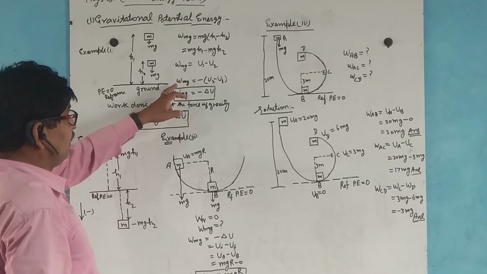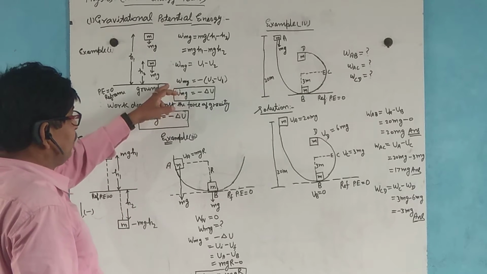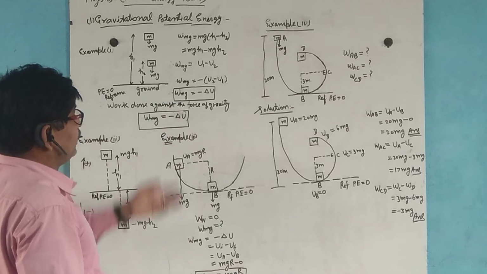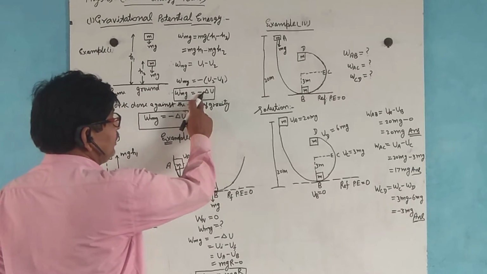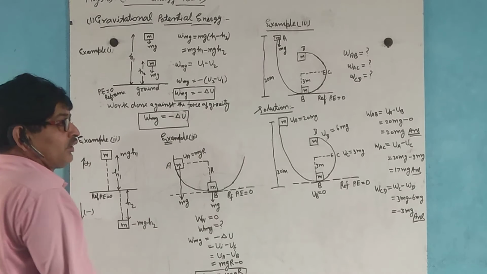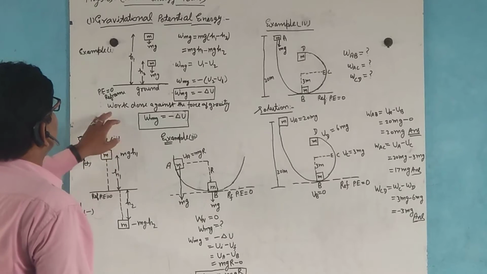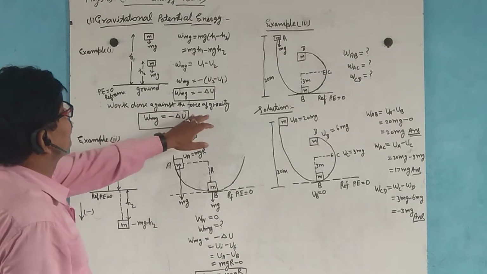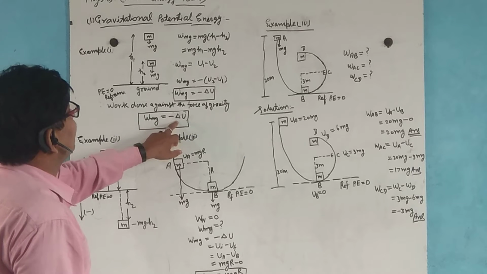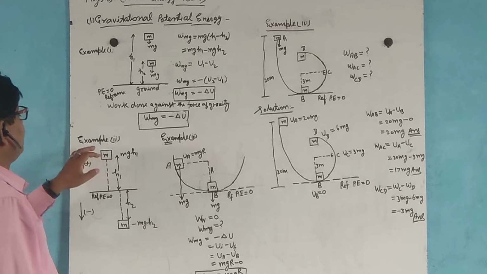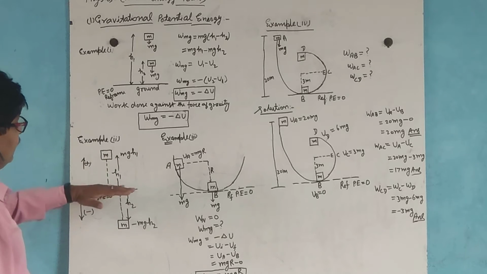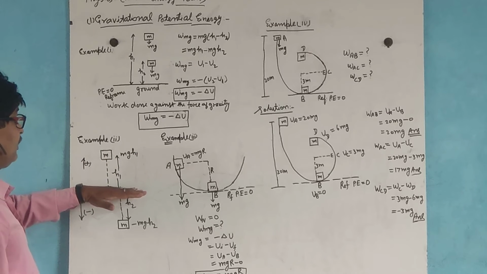Here, the work done from this point to this point against the force of gravity has a negative sign, so the work done against the force of gravity, W_mg, is equal to minus delta U.